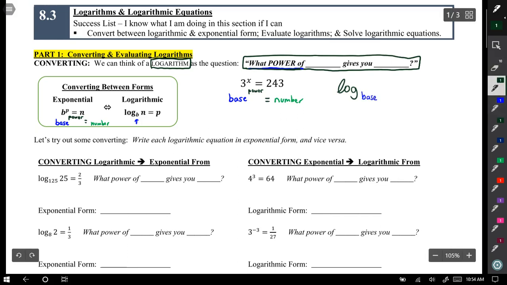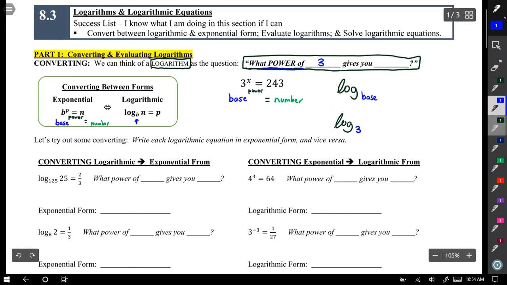So I have log, and my base is 3, base 3. So look at that. When I see the word log, I say what power of. So log base 3 is really the question, what power of 3?